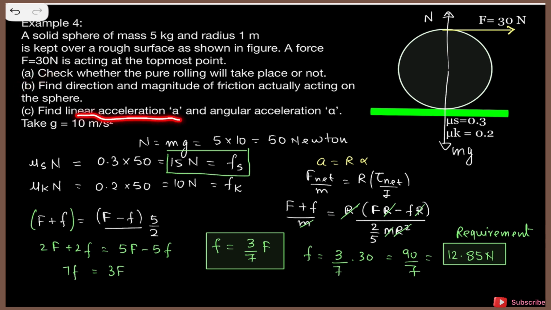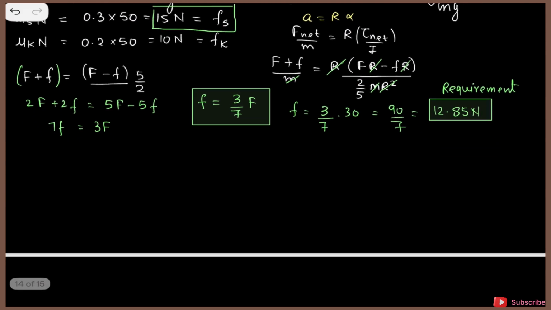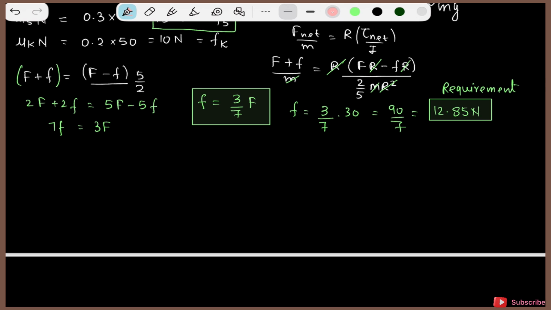Find linear acceleration and angular acceleration. So now it's quite easy to calculate these two. The linear acceleration is A, which can be written as net force divided by mass, and the net force is external force plus friction, divided by mass.